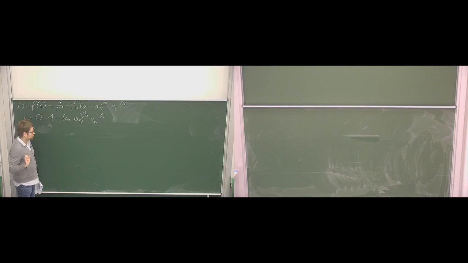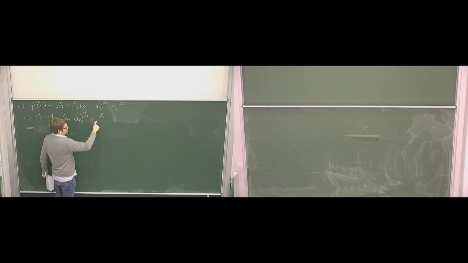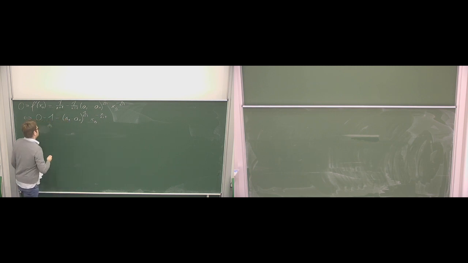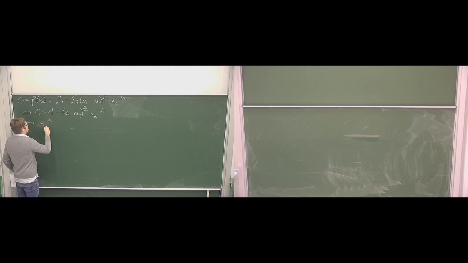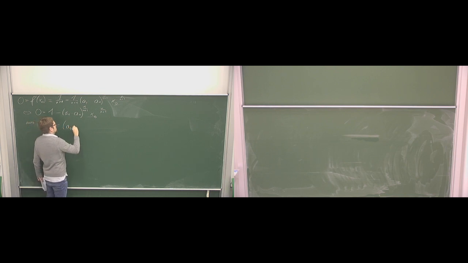Sorry, I just said something wrong. If we take this equation, bring this term to the other side, and then multiply both sides of the equation by x0 to the power of plus n over n plus 1, this means that these will cancel each other out, and then we get on the other side this times x0 to the n over n plus 1. So x0 to the power of n over n plus 1 would be equal to (a1 to an) to the power of 1 over n plus 1.